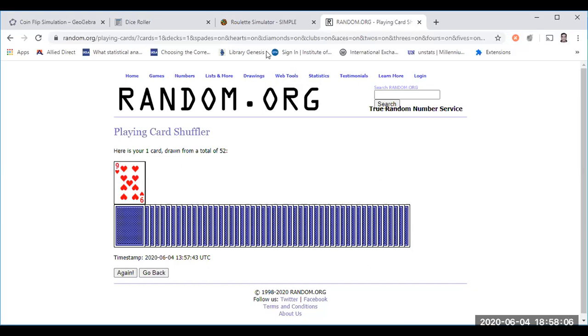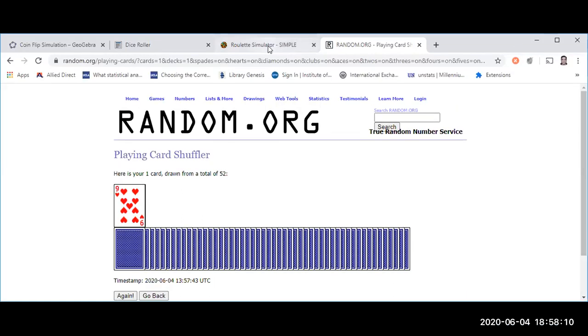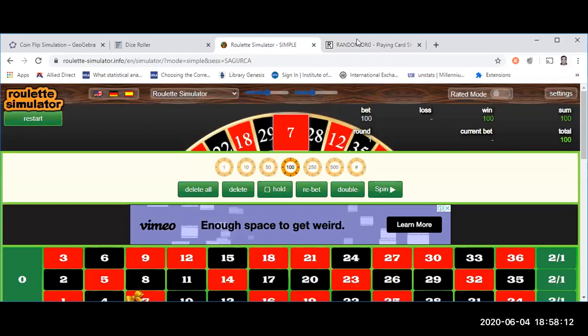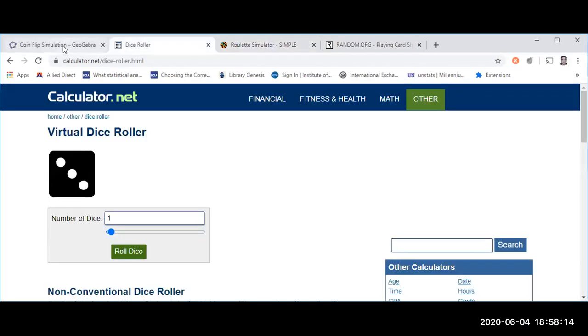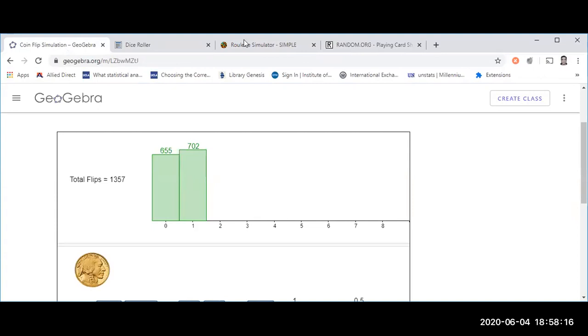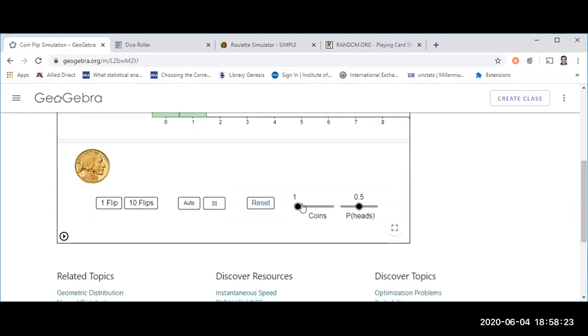So usually you see the experiments of these roulette or the cards or the die or the coins. We can increase the number of coins. We can go for 2 coins maybe. Okay, and then we can auto flip it.